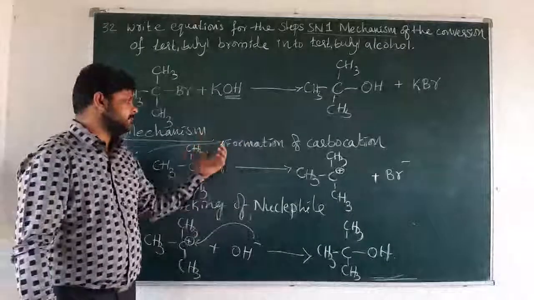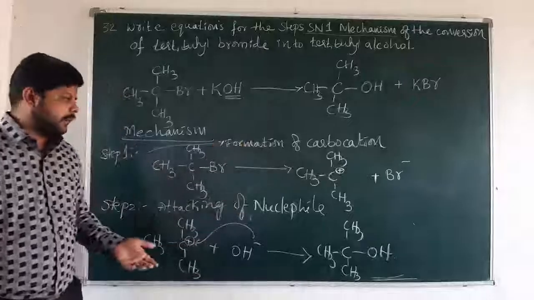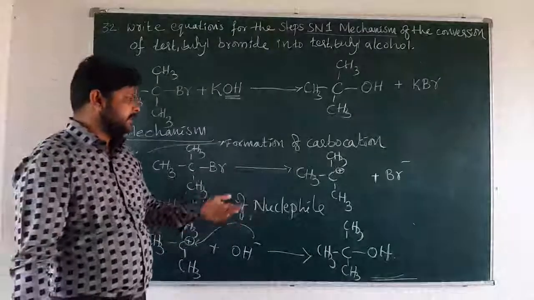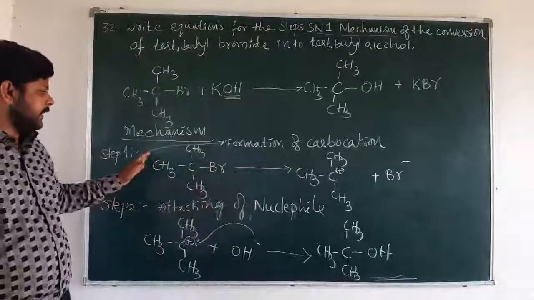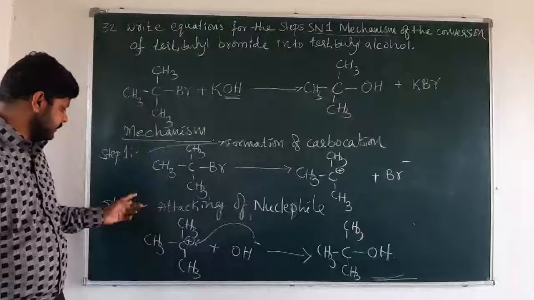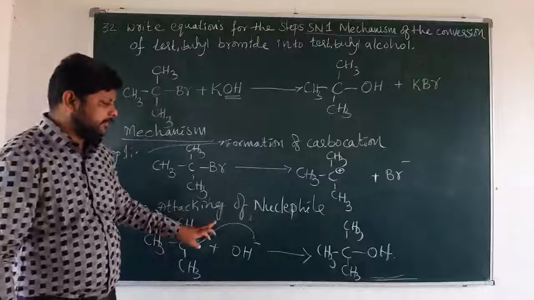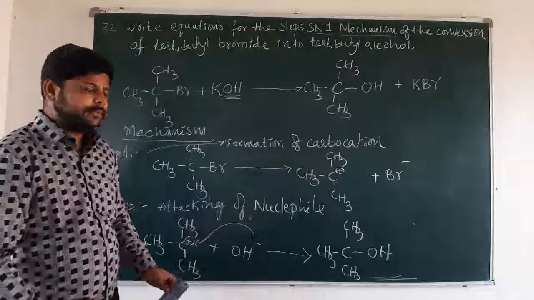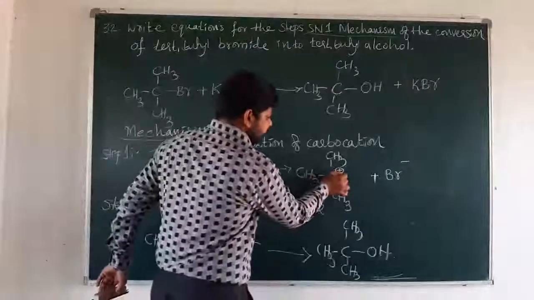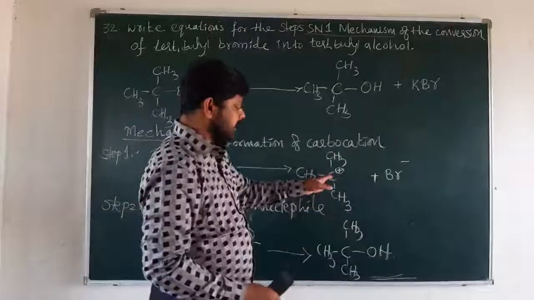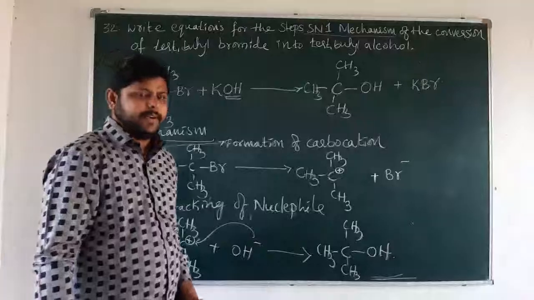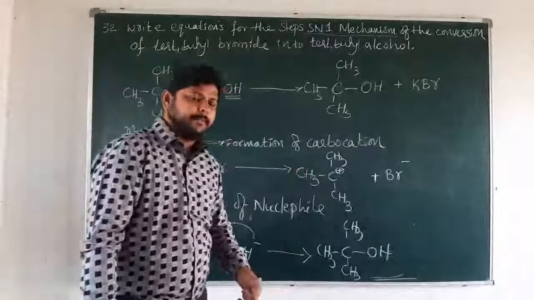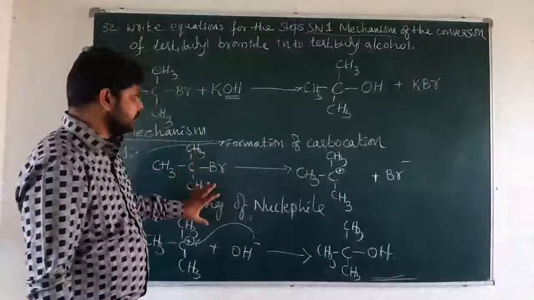For supplementary students, I don't think that anything more is required. Next, for the step of attacking of nucleophile, most of the students will make mistakes if you do not write the positive charge on this carbon. That shows the valency of carbon is not satisfied, and at that time you will lose the marks. So you have to write this. You will get 2 marks.